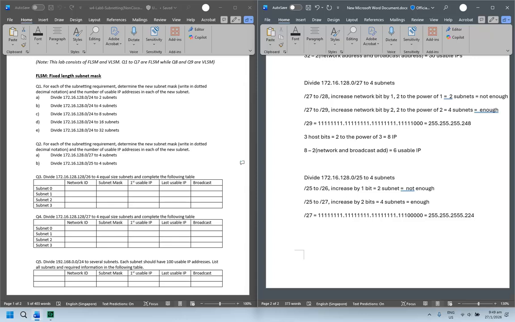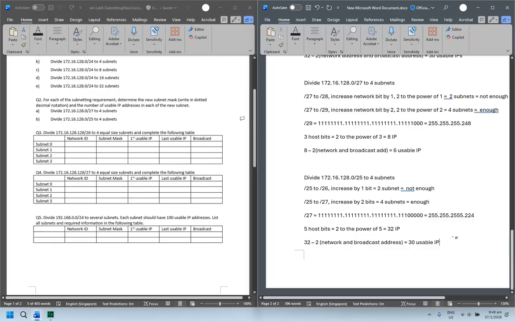How many host bits do I have? 5 host bits, which means 2 to the power of 5, which will give me 32 IPs. But we cannot use all 32, we minus 2 because of the network and broadcast address, which basically leaves me with 30 usable IPs.